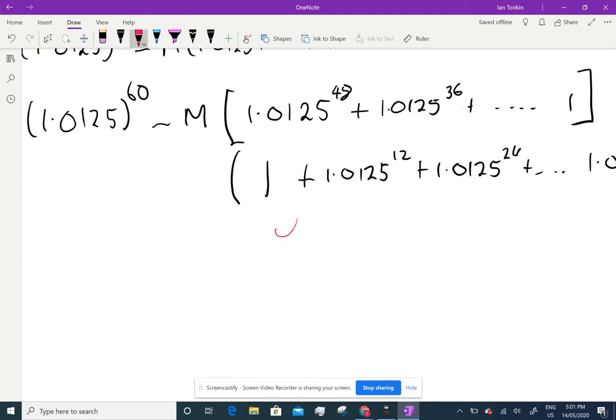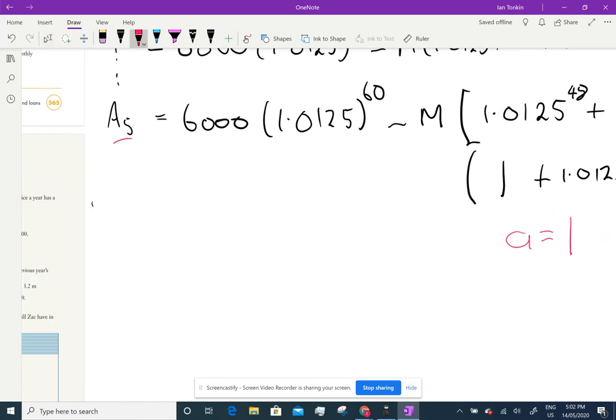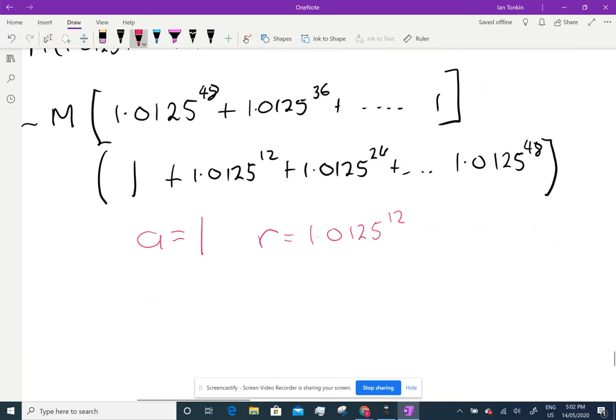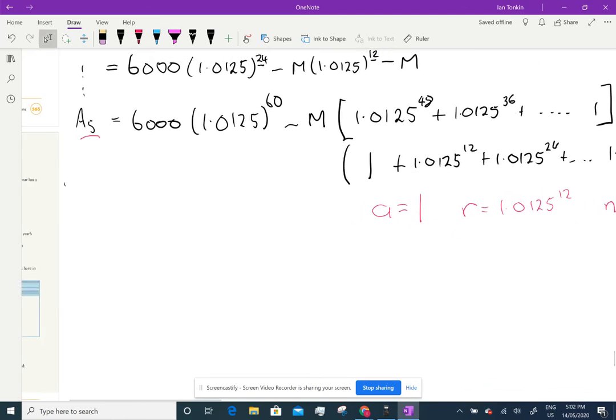The first term is 1. R is 1.0125 to the 12. Every time we're multiplying by that. Now, how many terms are there? There are 5, so n equals 5.